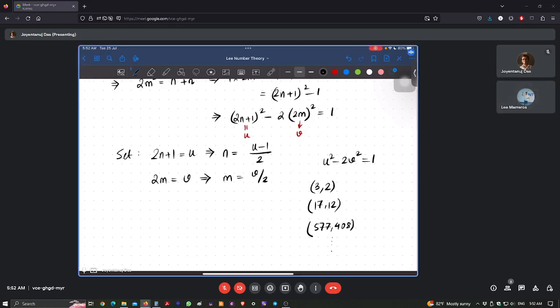So this will give me square triangular numbers, because once I have m and n, this is what they're asking.